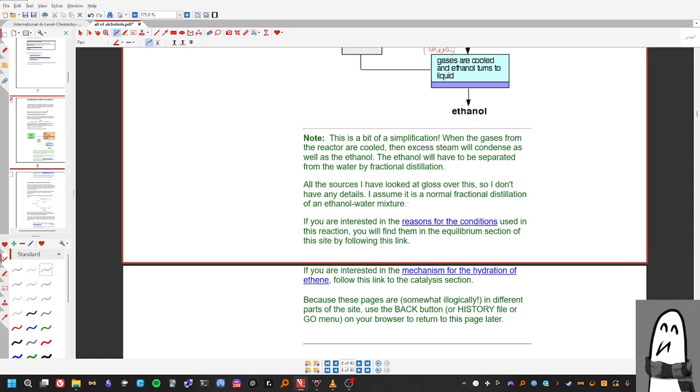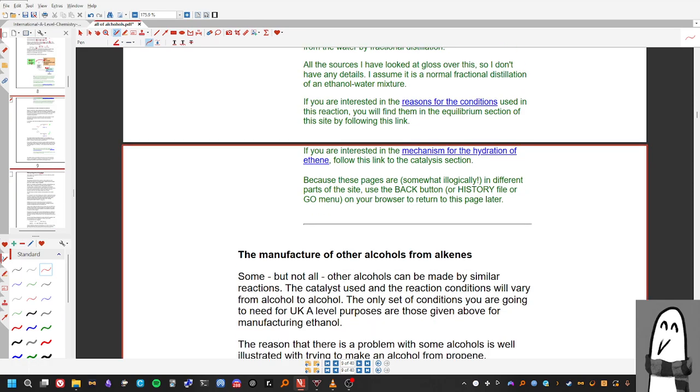I assume it's normal fractional distillation for an ethanol-water mixture. If you're really interested in the reasons for the conditions used in this reaction, you'll find them in the equilibrium section of the site. If you're interested in the mechanism, follow this to the catalysis section. Because these pages are somewhat illogically in different parts of the site, use the back button.